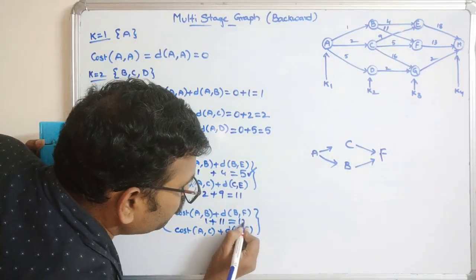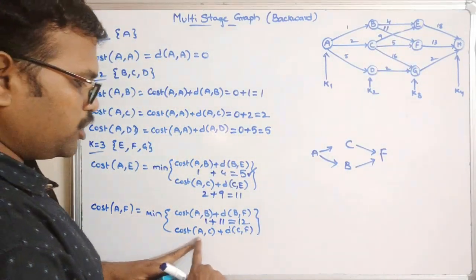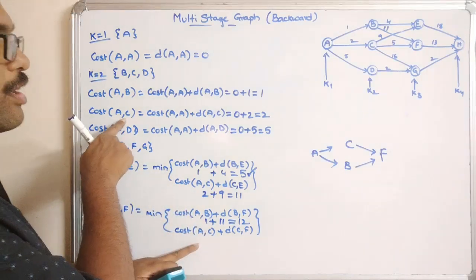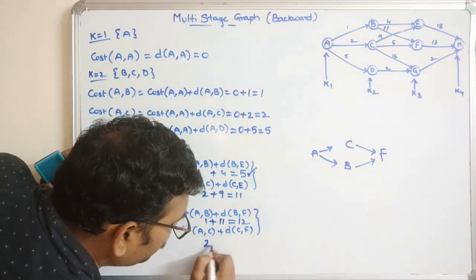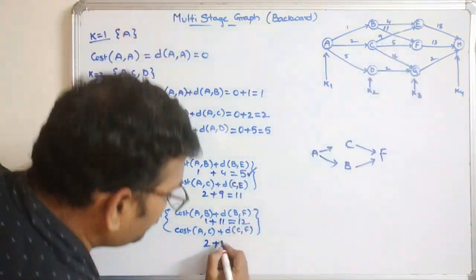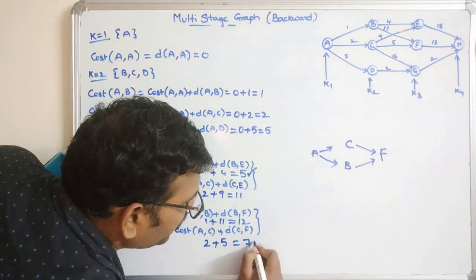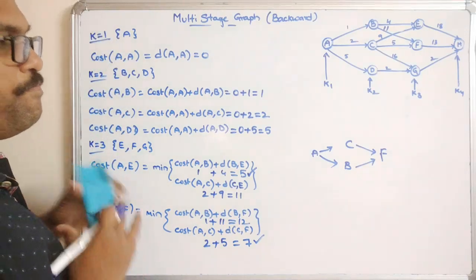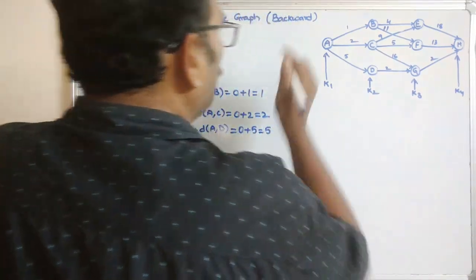So total it is 12. Then the cost of A and C is already computed, which gives 2, plus the distance of C and F, which is 5. So it will be 7. So we need to consider 7 itself.